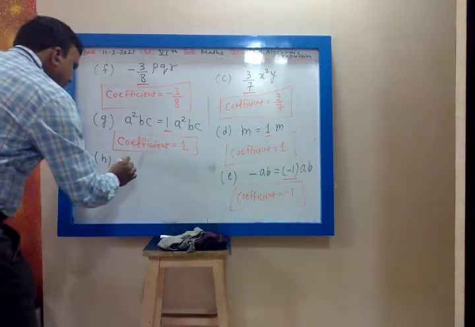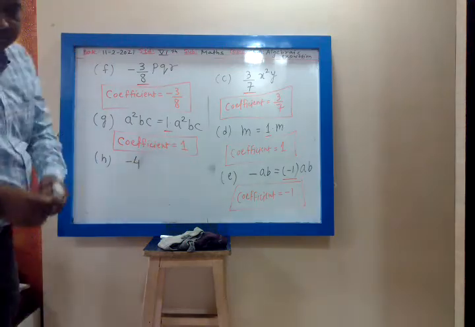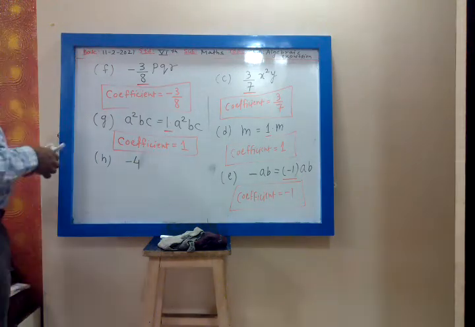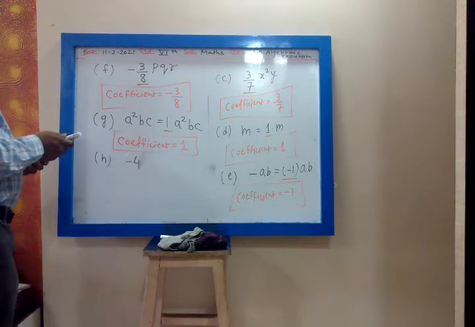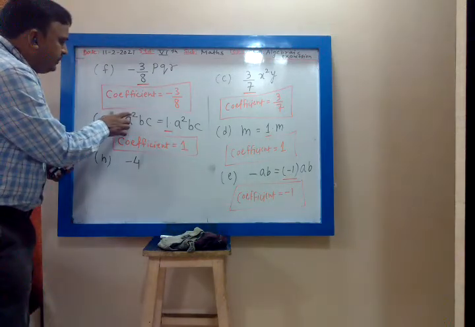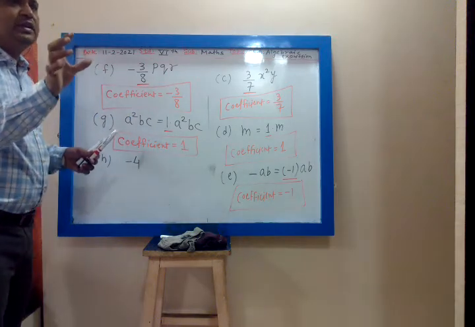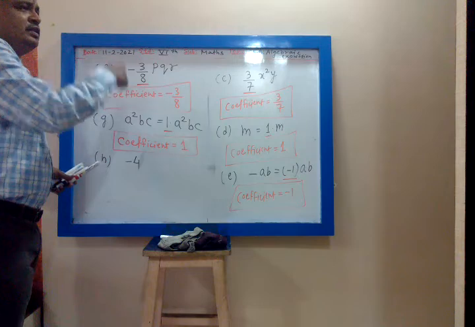Minus 4. Because there is no variable. Yes, ask. No, my dear, that power we don't consider in the coefficient. What is coefficient? It is the number attached to the variable. 2 is in the power.